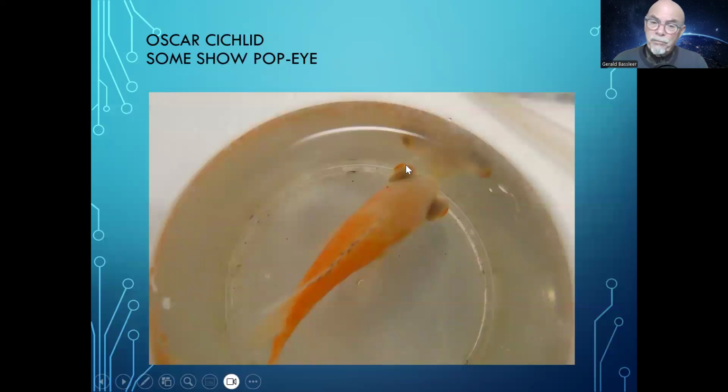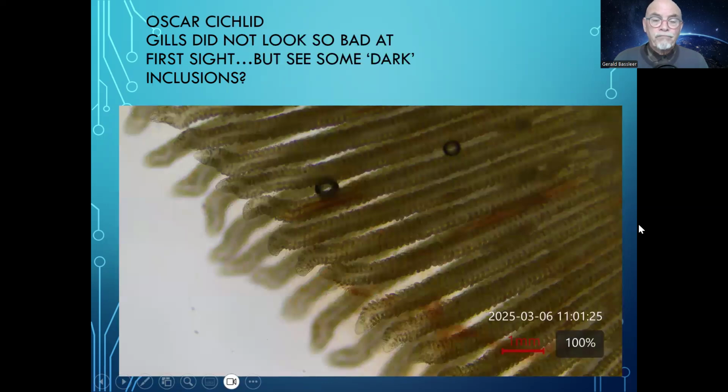The Popeye is very typical for fish that usually suffer from internal infections. The gills didn't look so bad at first sight. You can see there's some air bubbles inside, and some reddish areas.